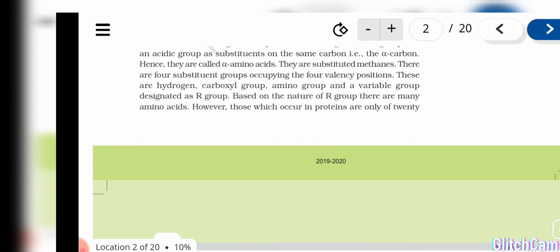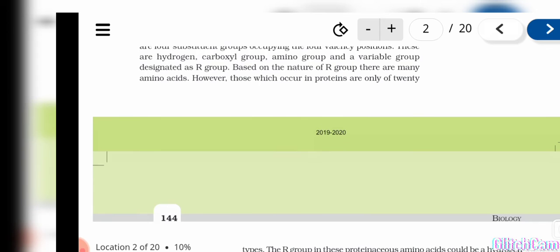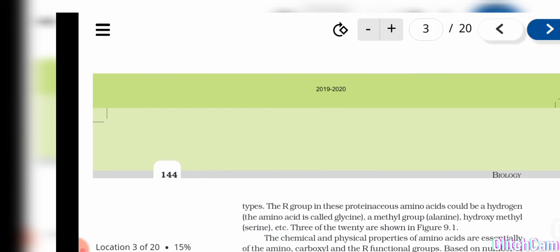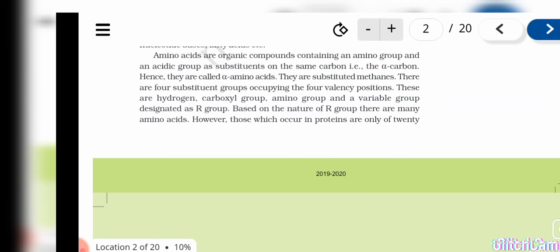And based on the R group's nature, amino acids can be of different types. And whatever it is, you can understand that all the proteins are made up of these 20 amino acids. Understood? Only 20 amino acids are there, and with that only all the proteins are made.